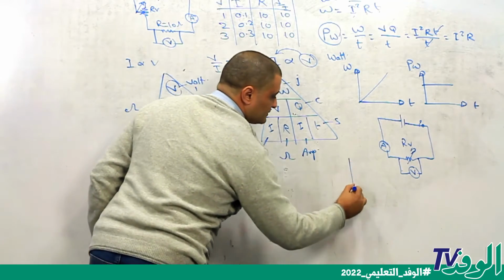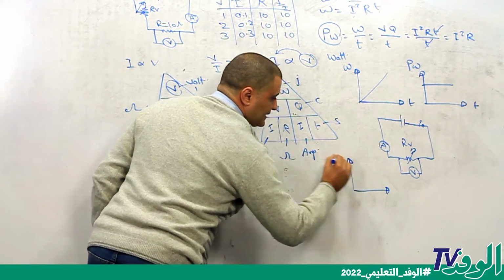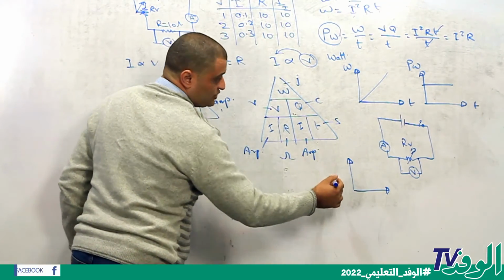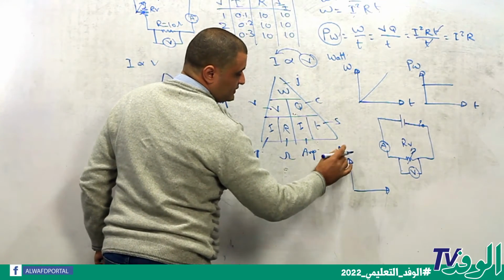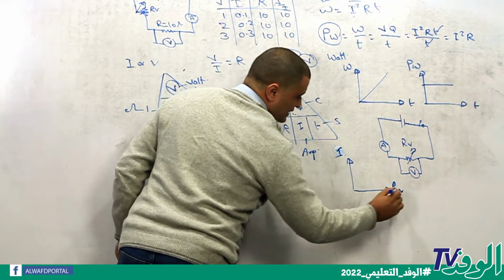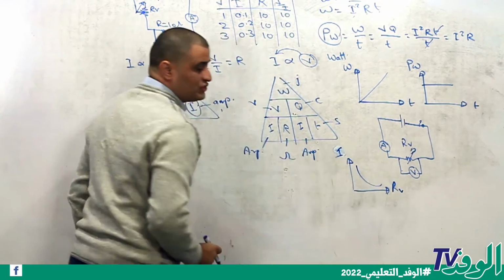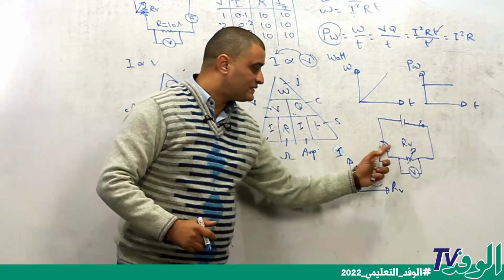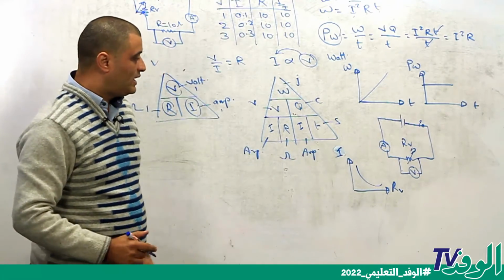Here, the graphic representation between the ammeter reading, the electric current intensity, and RV is an inverse relationship. By increasing the resistance, the current will decrease.